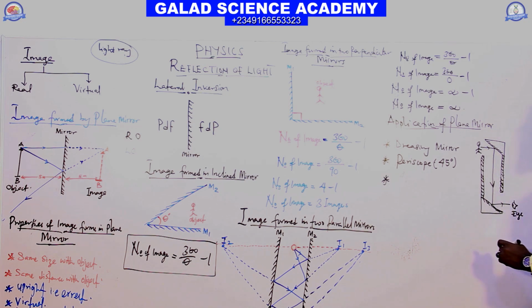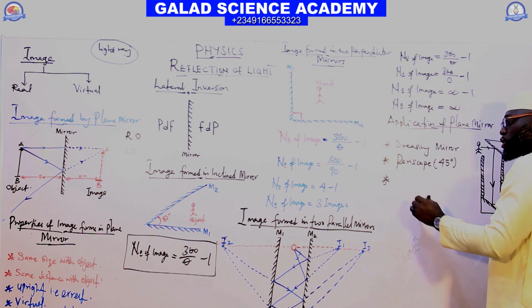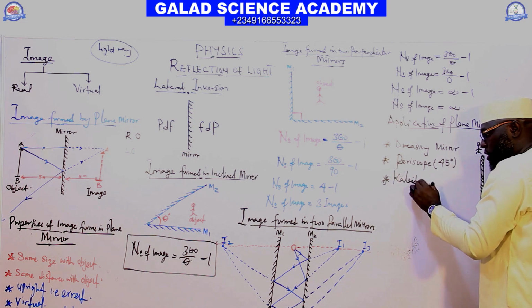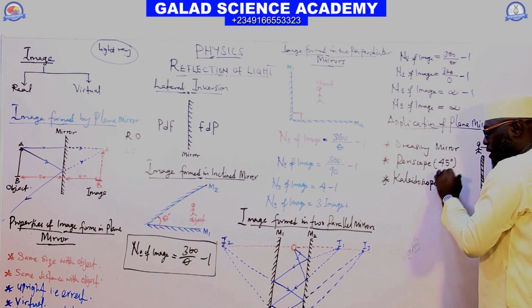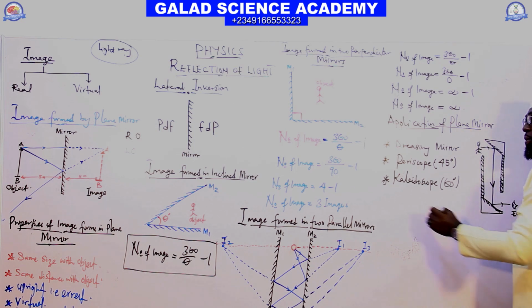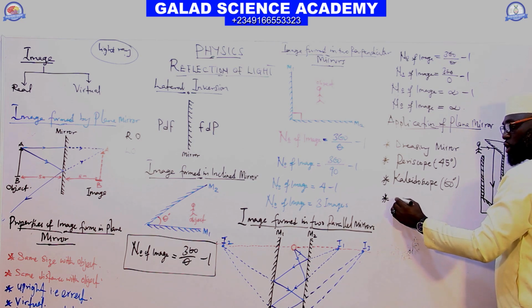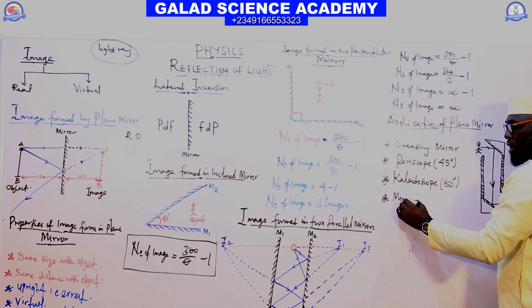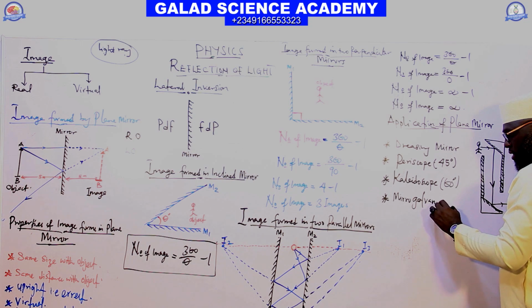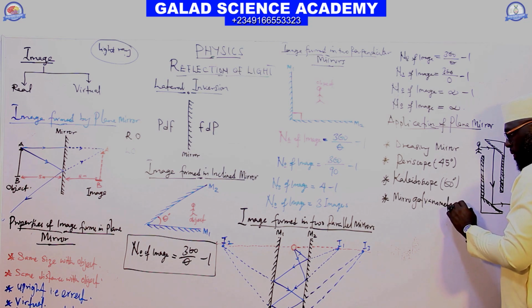And we also use plane mirror for construction of kaleidoscope, with an angle of 60 degrees.